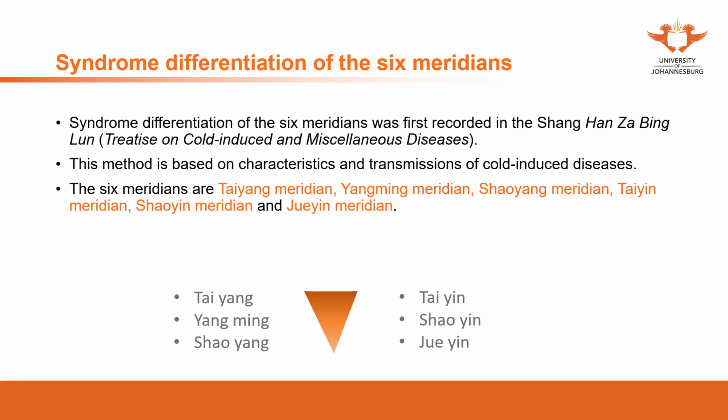That's why the patient may suffer from coldness more. So in this book, the author talked about the cold-induced diseases. The six meridians are 太阳 meridian, 阳明 meridian, 少阳 meridian, 太阴 meridian, 少阴 meridian, 厥阴 meridian.